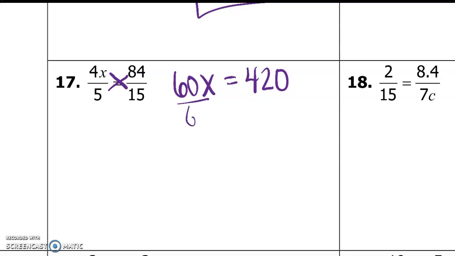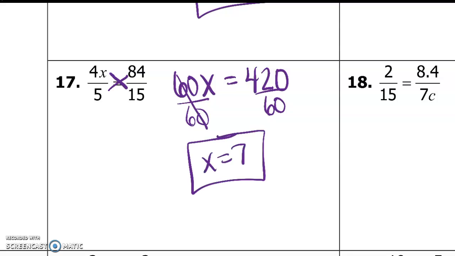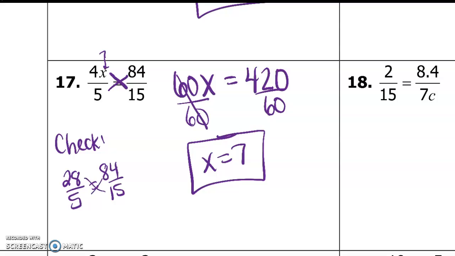Then we divide by 60, and x equals 7. So this one's a little bit trickier to check. If you're going to check it, you need to do 4 times 7 is 28 over 5. Does that equal 84 over 15? Okay, so again, you could divide them both to get their decimals, or you can cross multiply and see that yes, they are equal to each other.